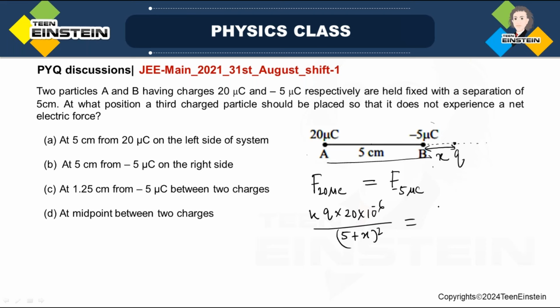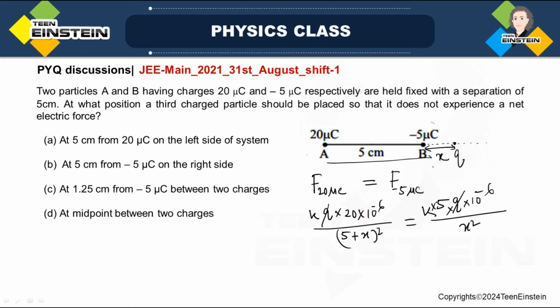This will be exactly equal to the, I am taking the magnitude of the force, 5 Q into 10 to the power minus 6, K will be here, so K Q divided by R square is actually x square. Now look at these two things here.